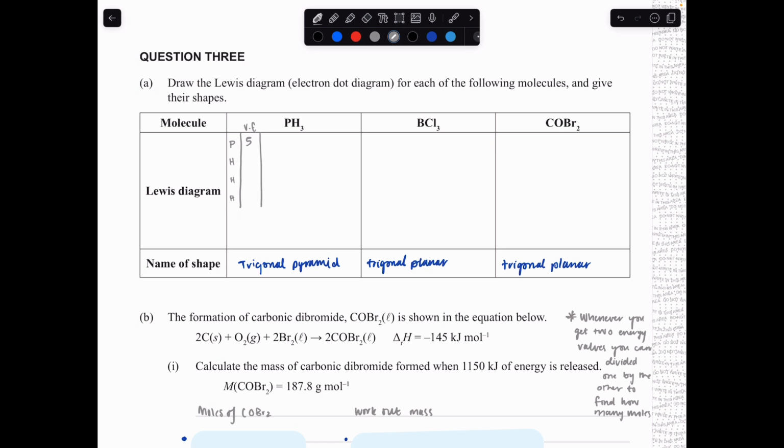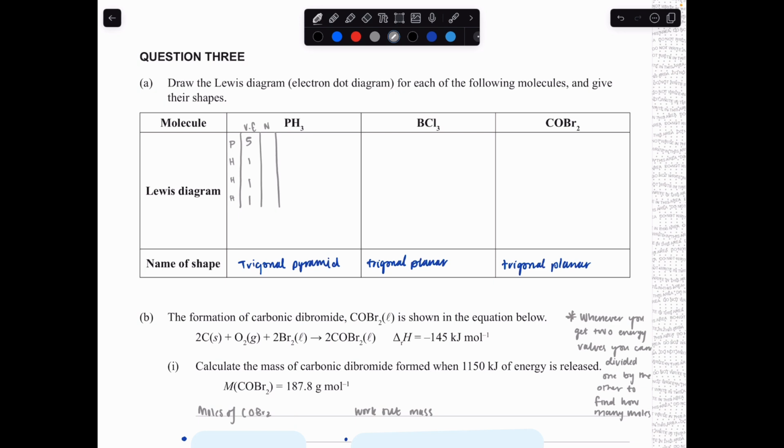Hydrogen is in group 1, so that means it has 1 valence electron. Right, now, based on this, I'm going to start another column. This column is going to be to do with what this atom needs to have a full outer shell.